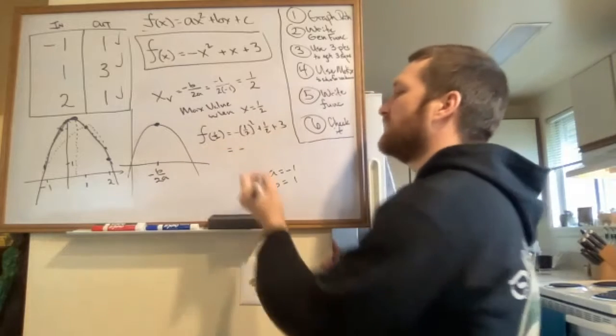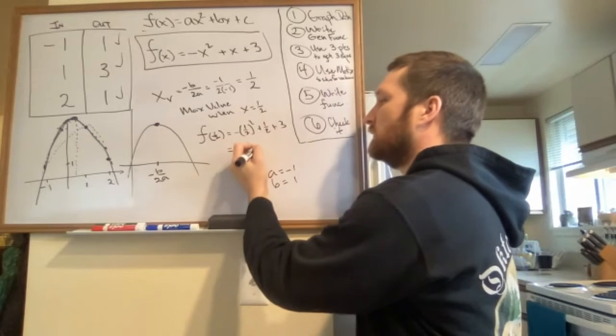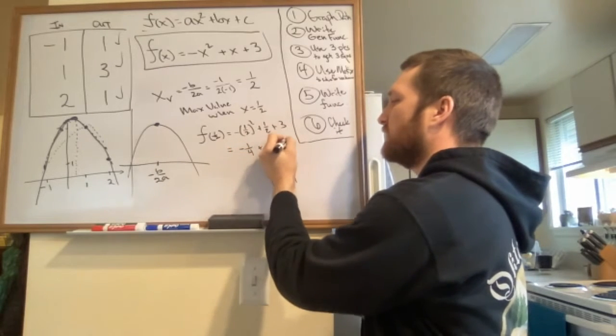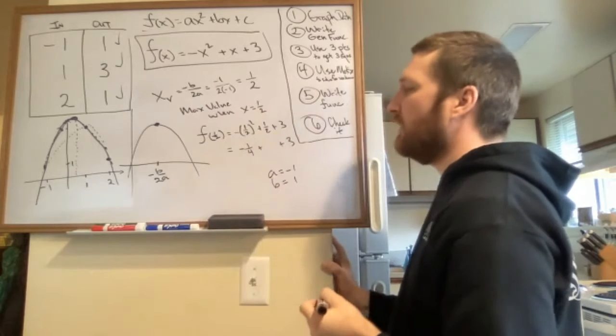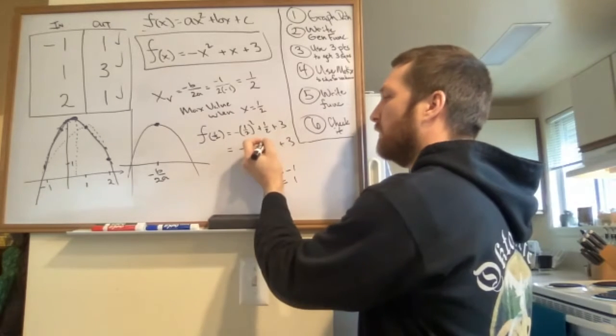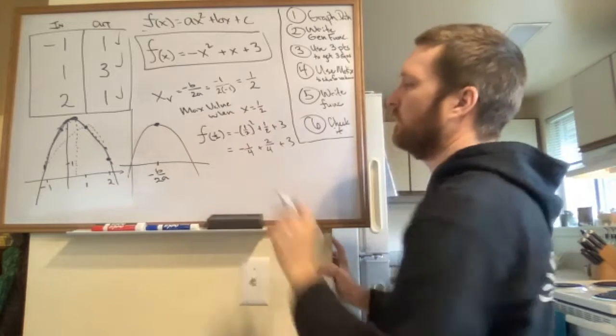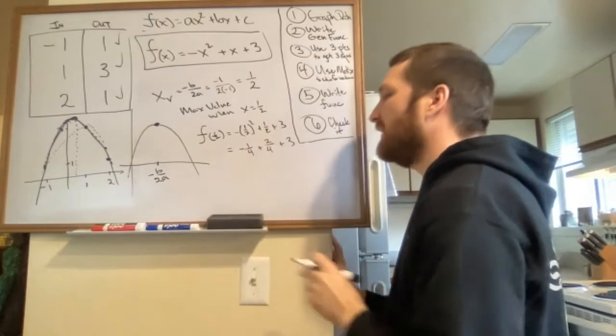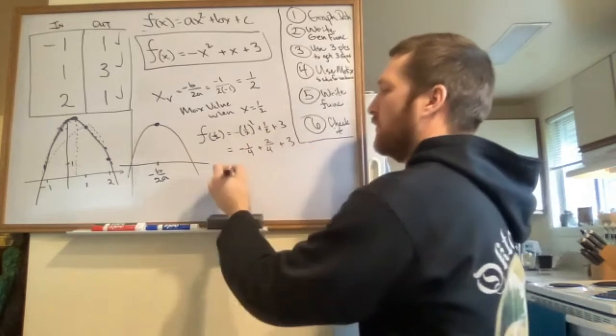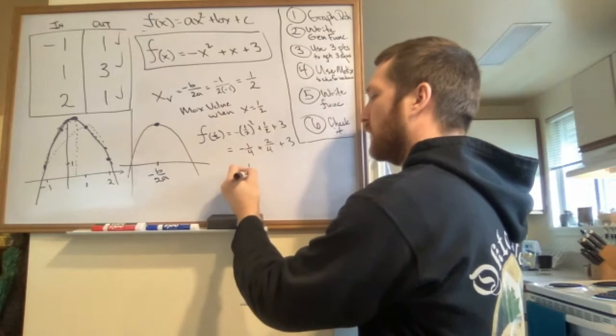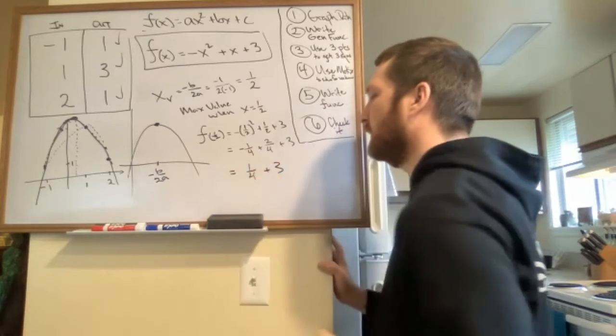Negative 1/2 squared is negative 1/4, plus 1/2, but I'm going to write 1/2 in a way that makes sense to this problem. How about 2/4? So that's minus 1/4 plus 2/4, which is plus 1/4, plus 3.